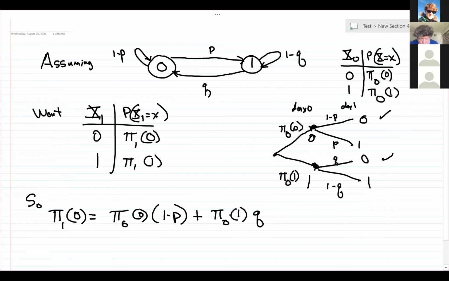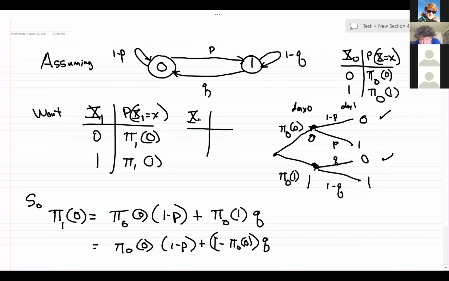Then this could be written as what? Pi 0, 0, 1 minus p, plus this is what? 1 minus pi 0, 0, times q. Because again, what happens, I didn't write it, but it's over here.